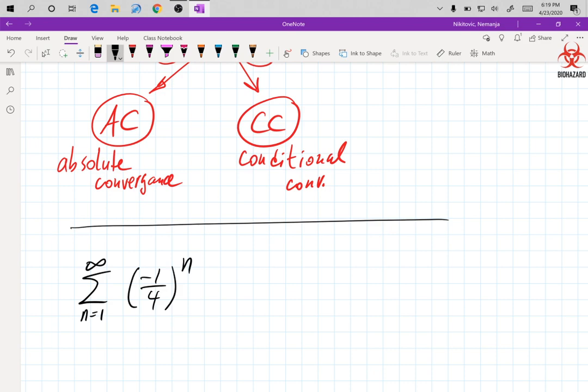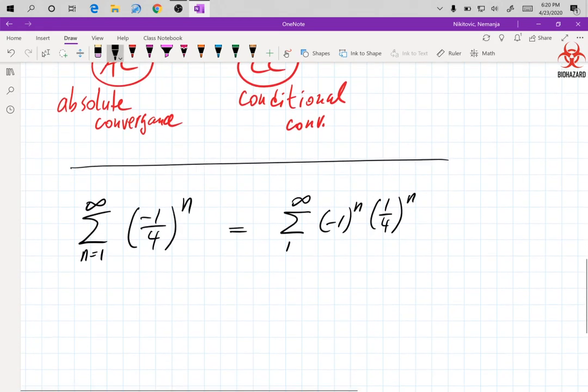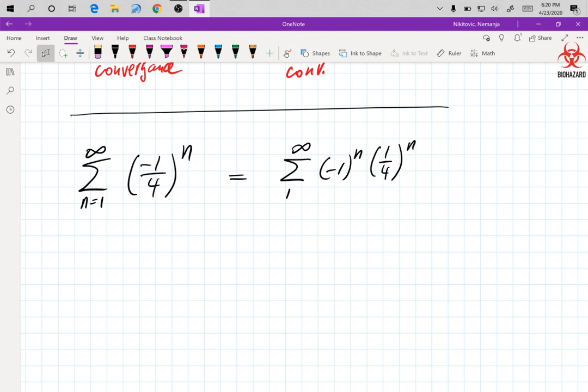Now, if I rewrite this problem, I will get the sum from 1 to infinity of (-1)^n times (1/4)^n. So from here, I read that an is (1/4)^n. So remember, it's everything other than the alternating term. Everything other than that.